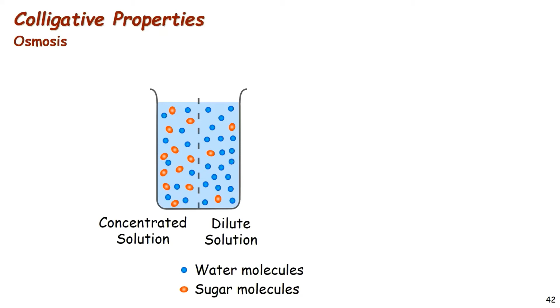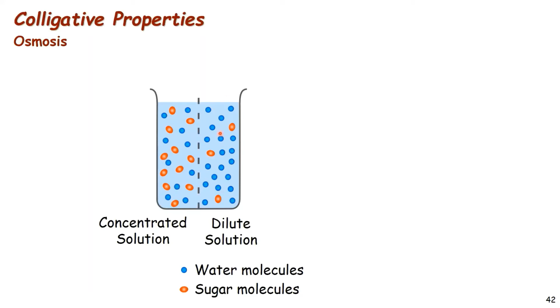So to understand what osmosis is, let's just take, for example, here we have a beaker, and that beaker has a screen in between it, right? So we put a screen to separate the beaker basically into 2 sections. This section has a lot of sugar molecules, so it has a higher concentration.